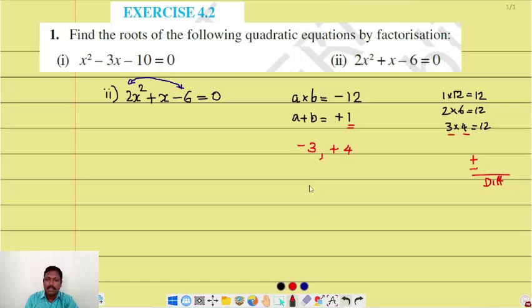Now we can split the middle term. Okay, so now we are going to split the middle term, that is 2x squared plus x.